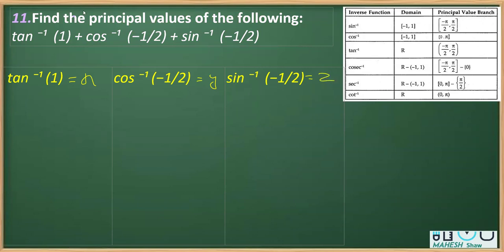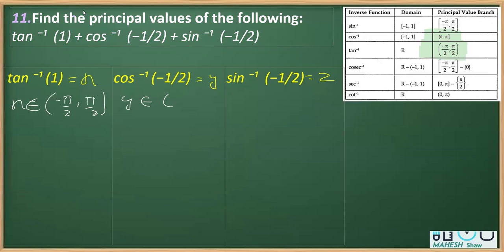So clearly you should know the principal value branch for tan is minus pi by 2 to pi by 2. So here x must belong to minus pi by 2 to pi by 2, non-inclusive. For cos inverse, the range is 0 to pi, so y should belong to 0 to pi inclusive.